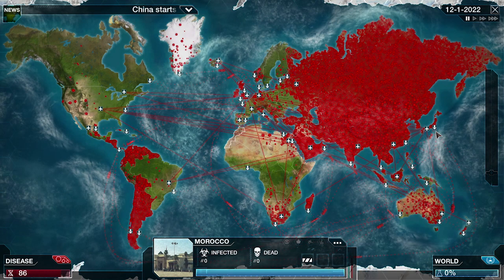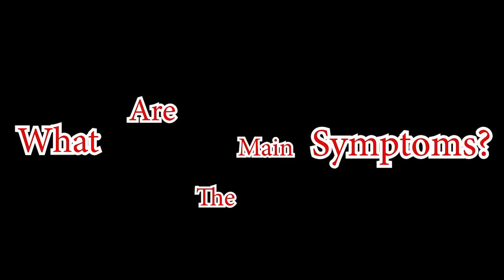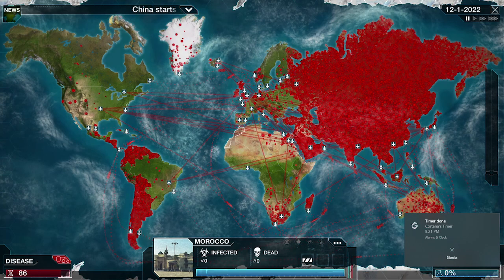So one other question a lot of people are asking is, what are the symptoms? What are the main symptoms of the coronavirus should you have it? And honestly, the symptoms of coronavirus kind of depend, in the same way that people will get bad flus and good flus, even though there's a chance you have the same strain.